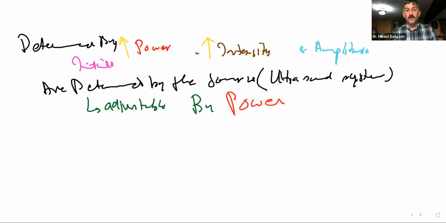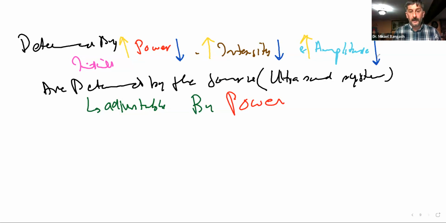And what that will do is increase the amplitude of the sound wave. Whereas on the other hand, if we decrease the power, that was going to decrease the intensity, which then is going to decrease the amplitude.